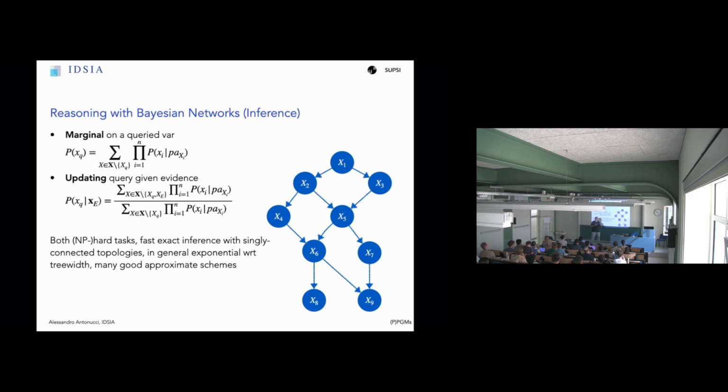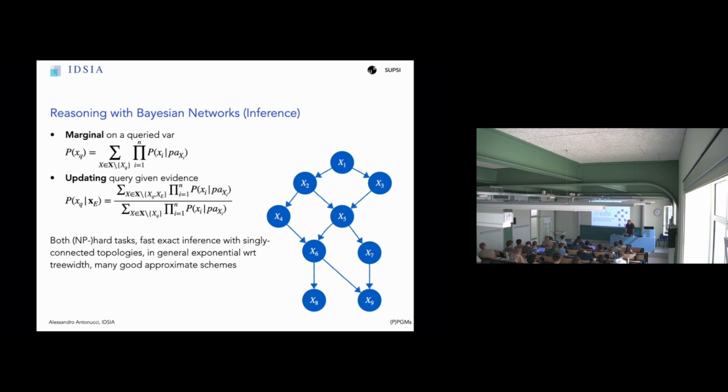If your model includes many variables, the exact computation can take exponential time, so it can be too slow. There are very good approximation schemes for Bayesian networks. This kind of inference is hard, but if for your task you can tolerate some approximation, I think this is not a big problem.